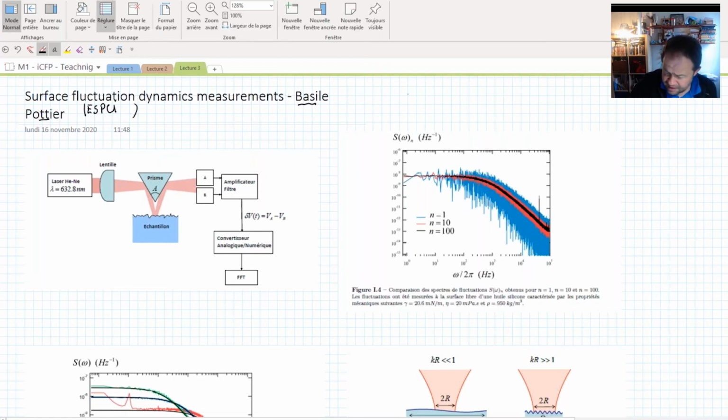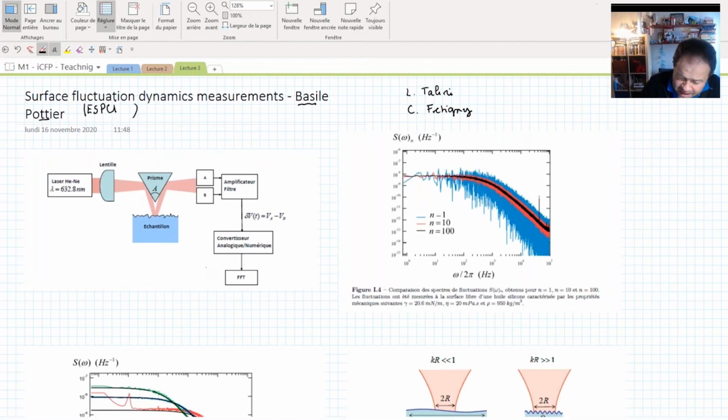It was a PhD student working with Laurent Stalini and Christian Frétigny. And what they have done is not measuring exactly what we have measured so far. Everything is in French here, because it comes from the thesis of Basile.